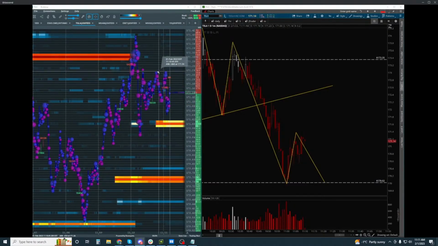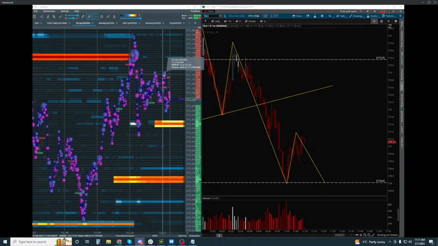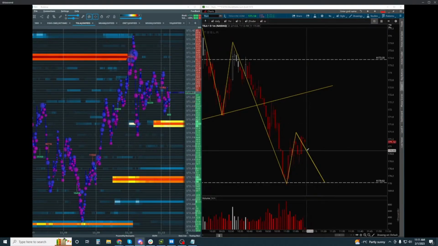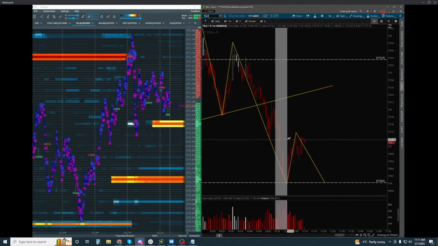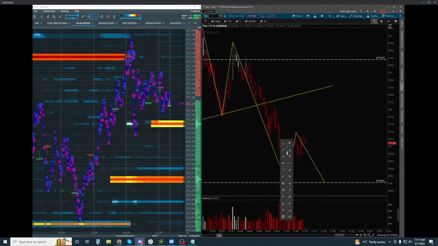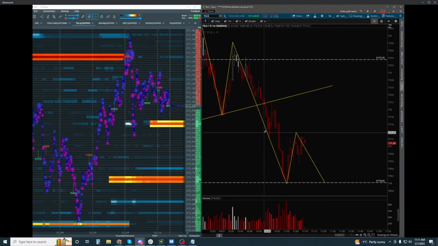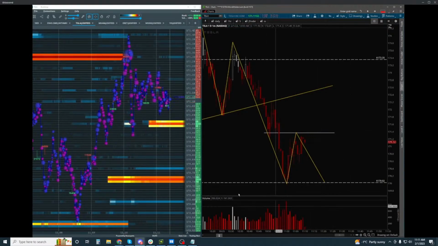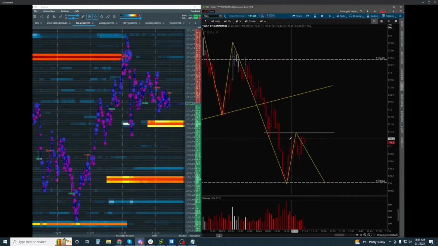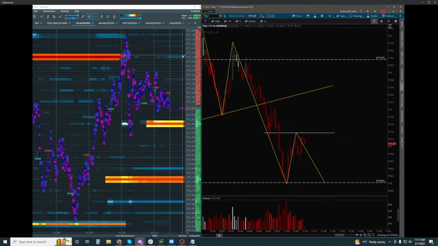Just right now, it tried to push over here, 171 and 24. A big seller joined in, and they're using this level, 171 and 40, 171 and 30 over here, okay?